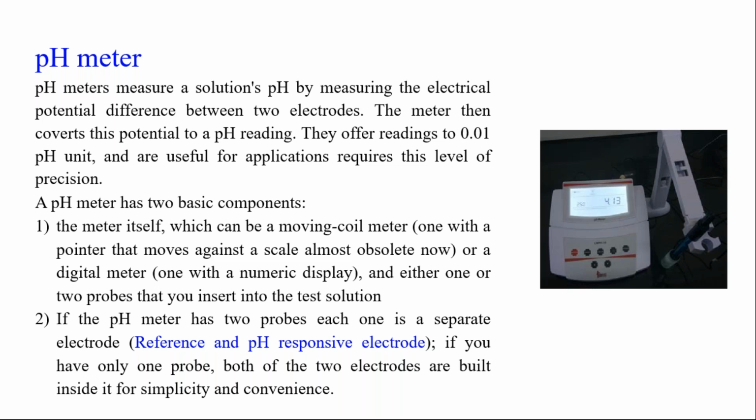We do not have any unit for this. However, if you have only one probe in your pH meter, you will find that both the reference electrode and the electrode that you're using for measuring the pH are built in together. So just let us have a look at that so that you understand the working of the electrode.